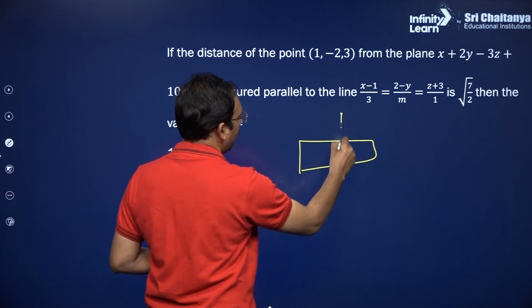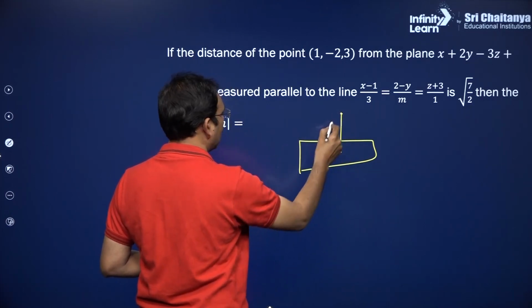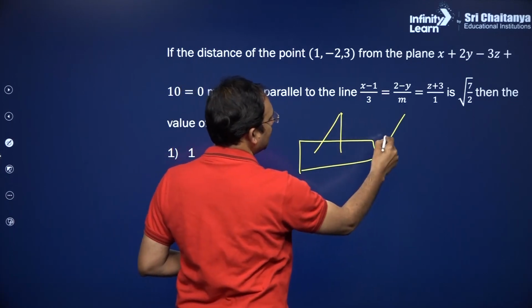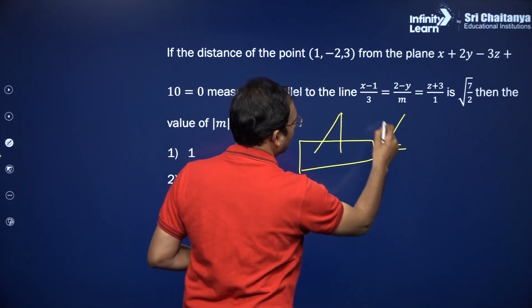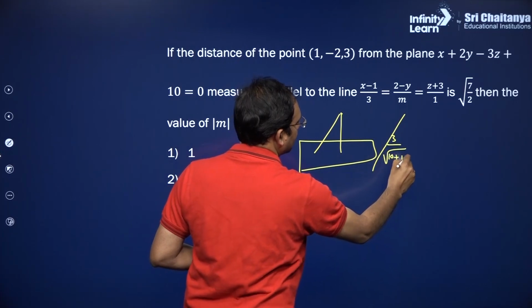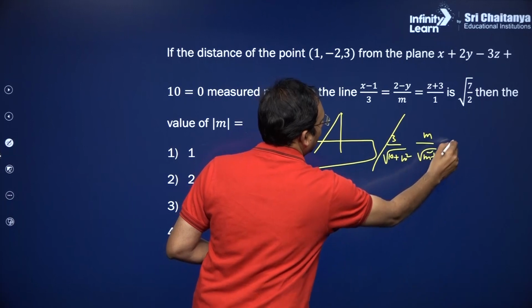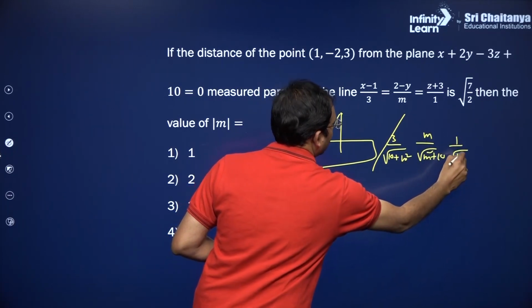So, point to plane perpendicular distance, we have a formula. If you want the distance parallel to some line, you just take its DCs: 3 by root of 10 plus m square, m by root of 10 plus m square, and 1 by root of m square plus 10.